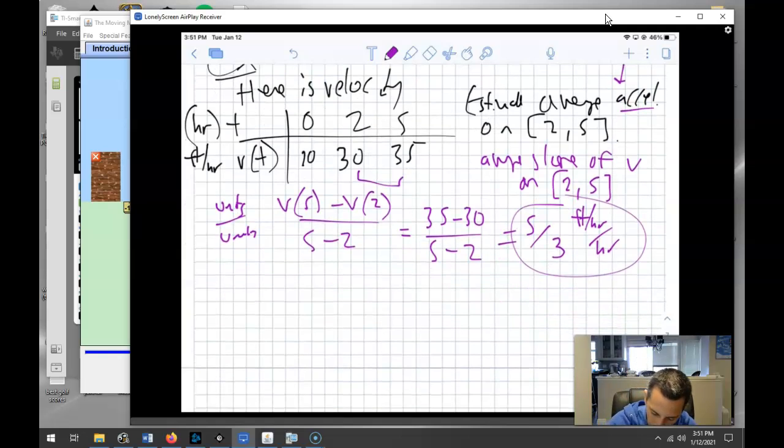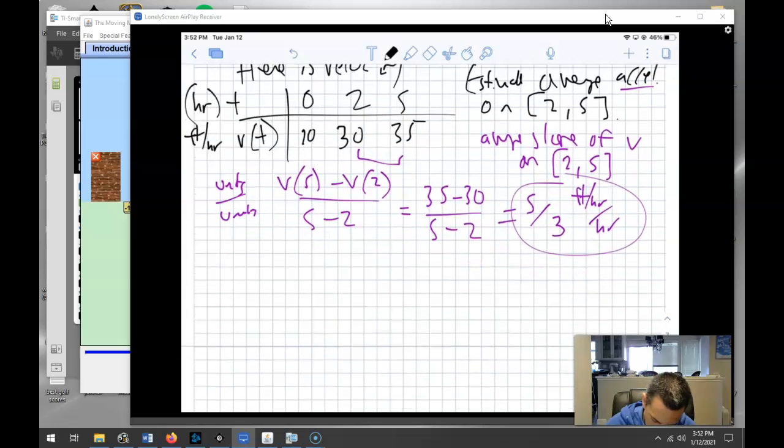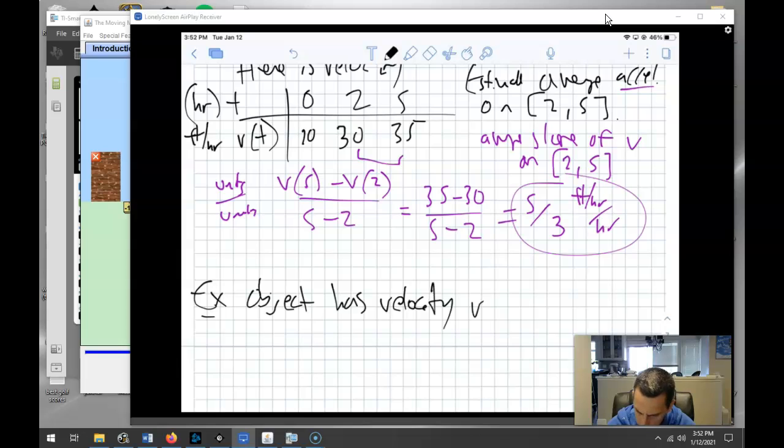Okay, I want to do one kind of calculator problem to show you that. So let's say I just give you one more, and we're just going to solve a bunch of problems like this in class. Say an object has velocity v of t equals 6 minus e to the 0.05 t squared for all t values that are greater than or equal to 0.